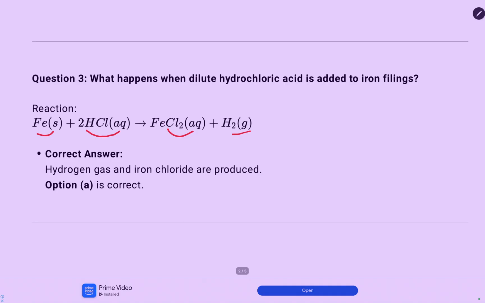Three different options are given to us. The first option, hydrogen gas and iron chloride are produced, is the correct answer. In the others, chlorine gas and iron hydroxide are produced, no reaction takes place, and iron salt and water are produced, all of which are wrong. So we will go for the first option.